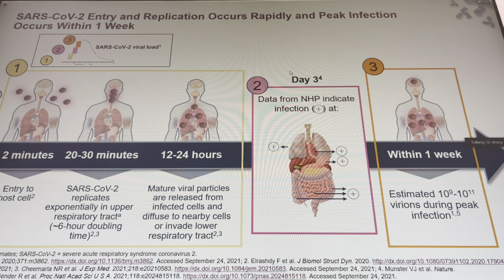So remember, COVID-19 is a multi-system disease, not just the respiratory tract, right? And within 1 week, if you don't have any good immunity, you have about 1 billion or 100 billion virions during your peak infection. Next slide.